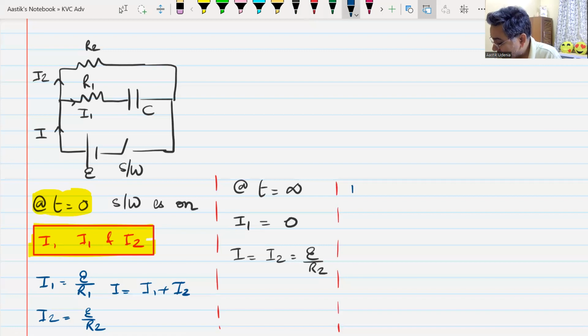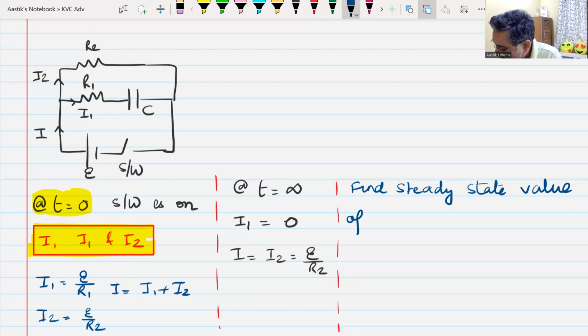Comes the third. Find the steady state value of charge. I may not call it like this. This is the correct way of saying this: find the steady state value of charge on the capacitor. The book or question may simply say, what is the steady state charge on the capacitor?